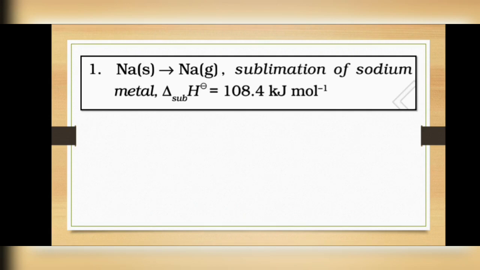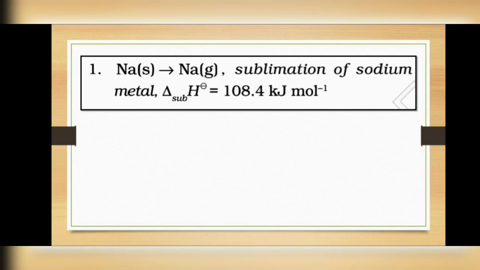To remove an electron, that element should be in its gaseous state. You know that when you remove the most loosely bound electron from an isolated gaseous atom, that energy is called ionization enthalpy.